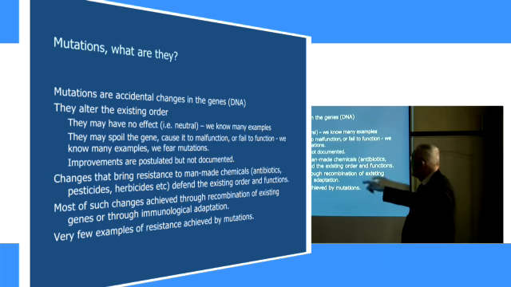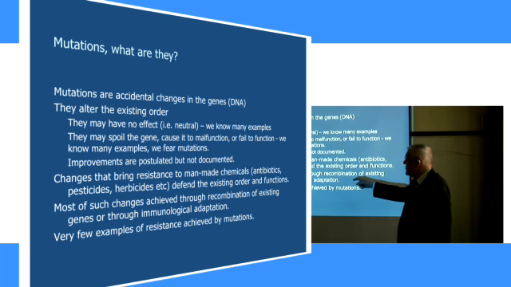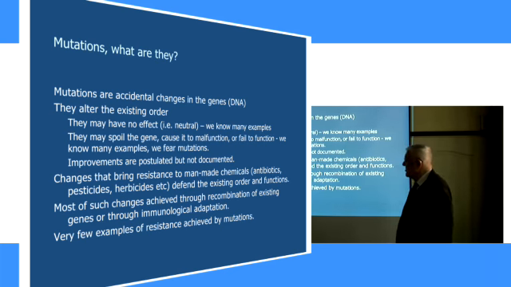In fact, they defend the existing order and functions. Most of such changes are achieved through recombinations of existing genes or from immunological adaptation. There are very few examples of resistance achieved by mutations.